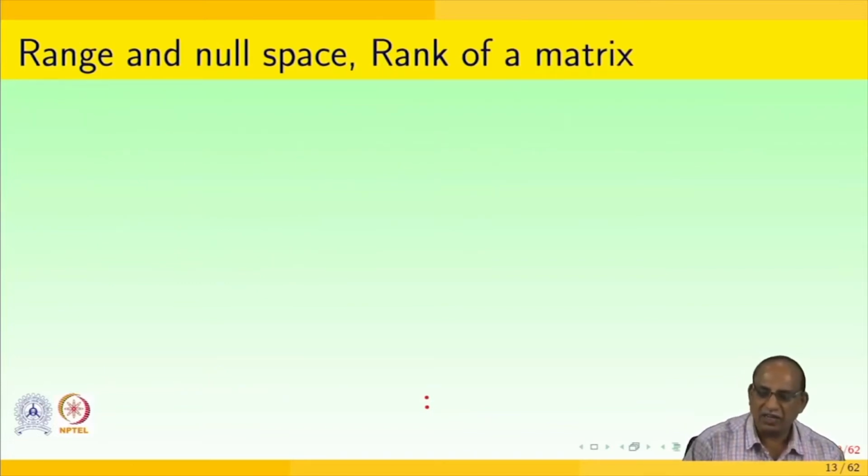Now the next thing is range, null space and rank of a matrix.